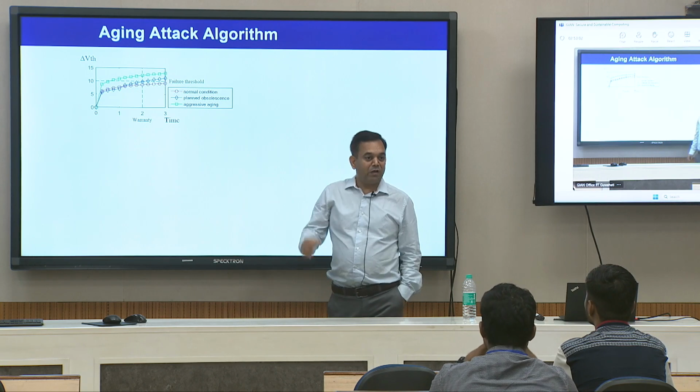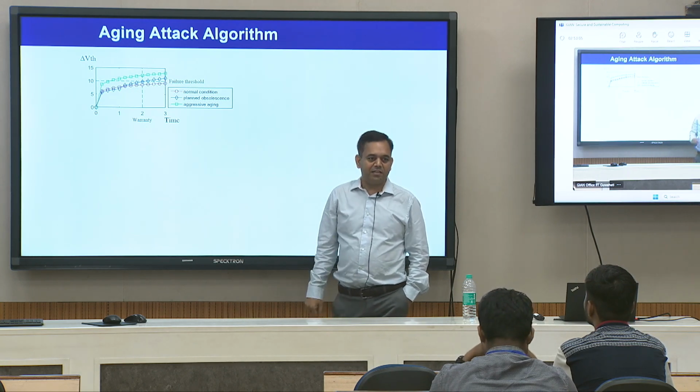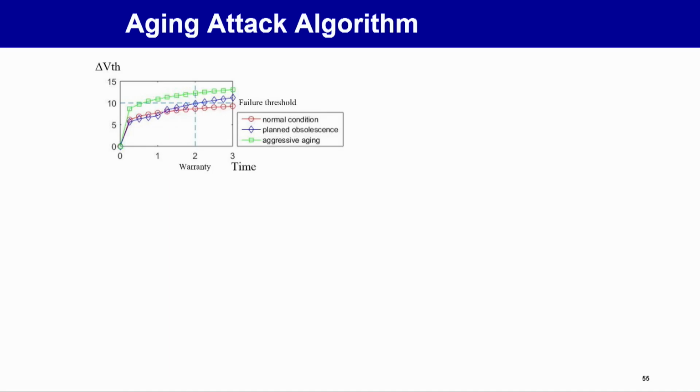In a normal condition that will happen. But if you want to aggressively age this device, you can try to reach 10 as quickly as possible. So there's something like aggressive aging. From the very beginning, you try to use it too much, and then you will reach this change in threshold voltage maybe in just 8 months. And after that, the device becomes useless. But what can be the nice planning?